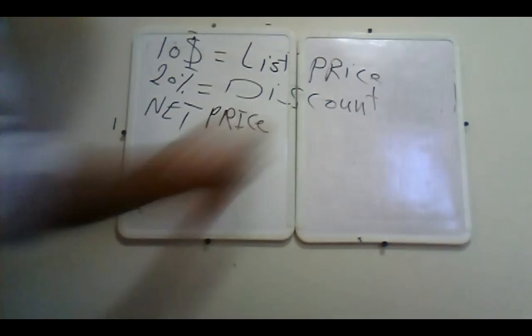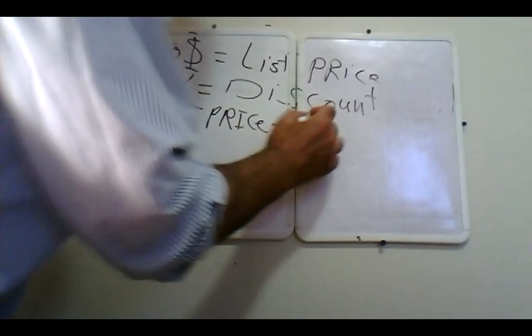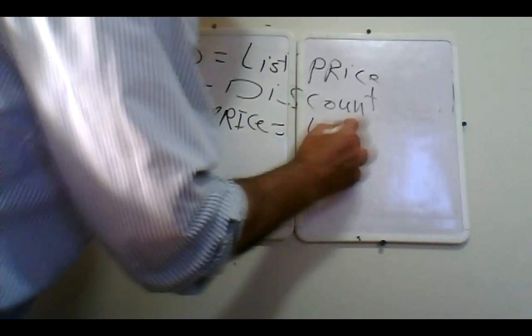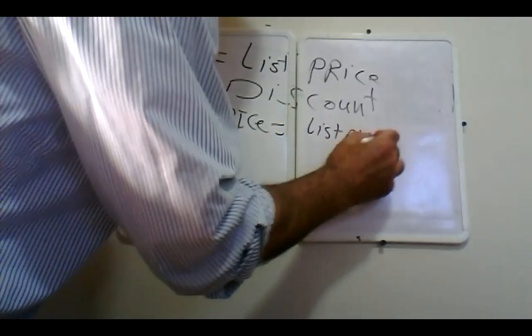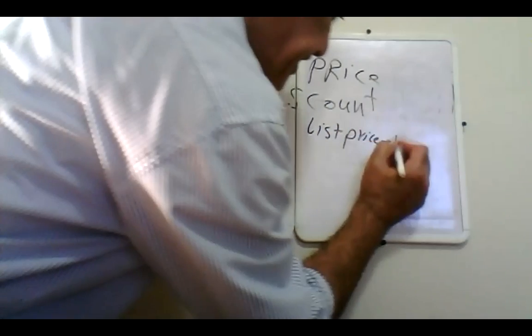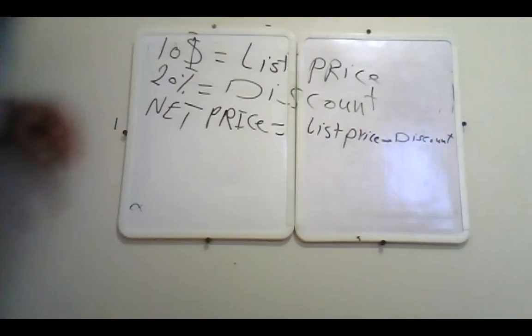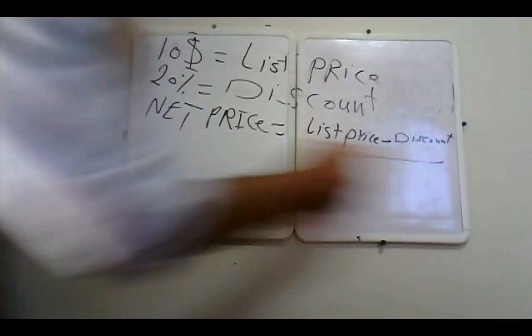The net price will equal list price minus the discount, and this is the rule.